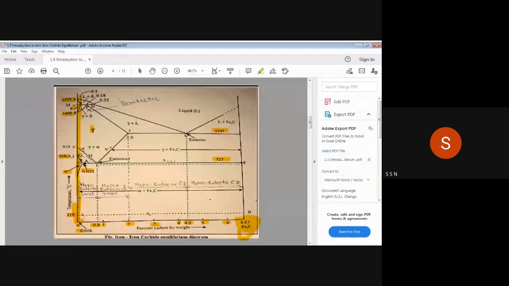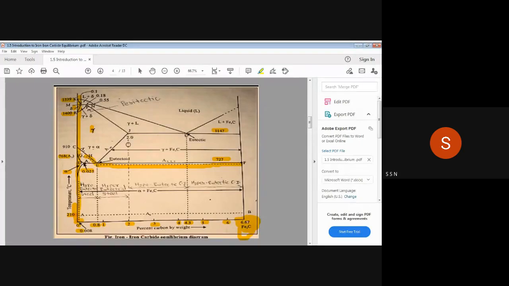See here, A2 temperature, inside the bracket I have written 768 degrees Celsius. One dotted line you can also observe here. This dotted line has high importance in that phase diagram. So this line we will call the A2 line.